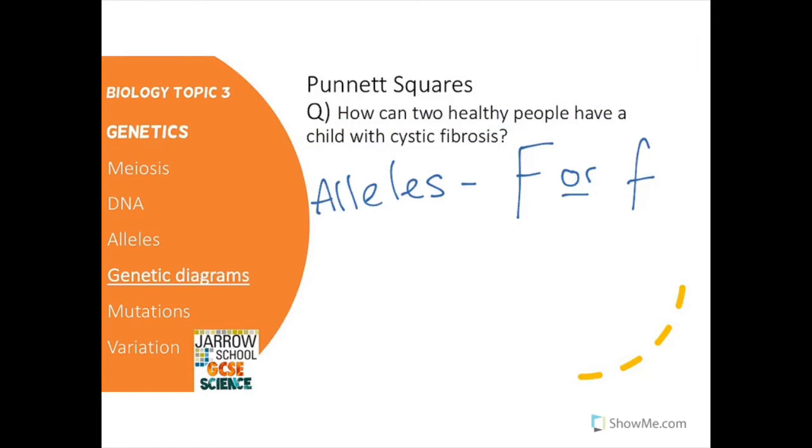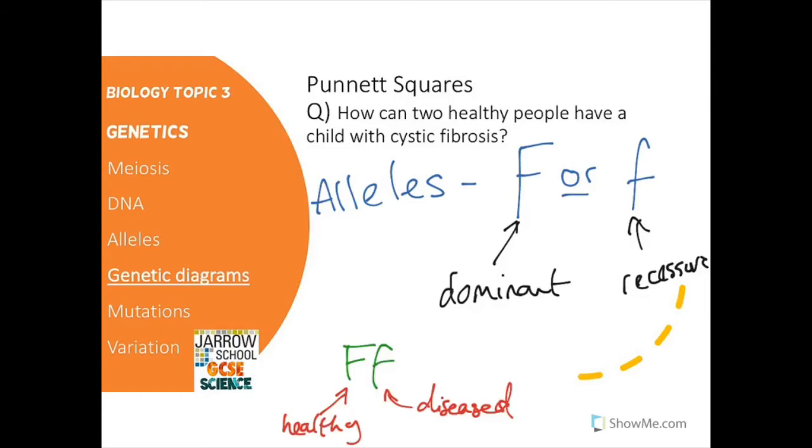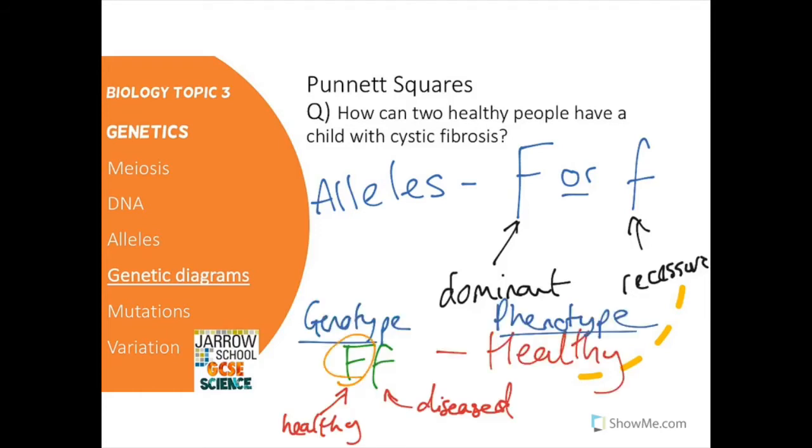And to recap, alleles are different versions of the same gene. So for the cystic fibrosis gene, you could have a big F that is dominant, meaning that it is more powerful than a small f allele. So if you had the genotype big F, little f, you would have the phenotype of being healthy because the big F allele is overpowering the small f diseased allele.